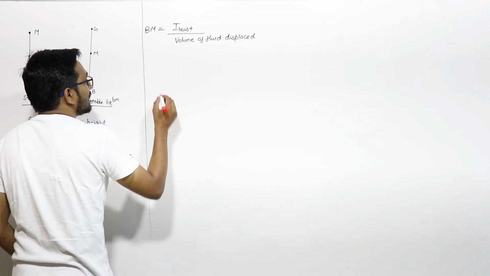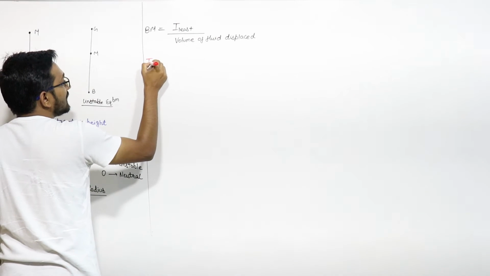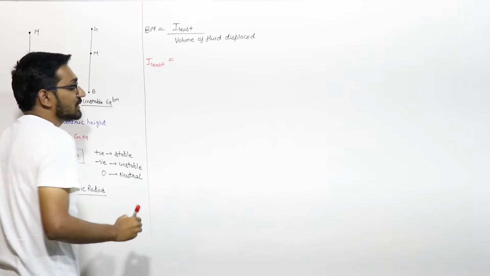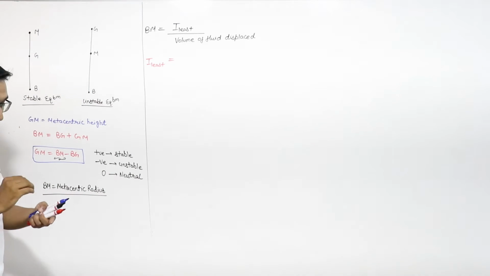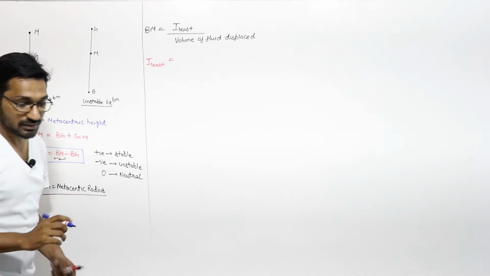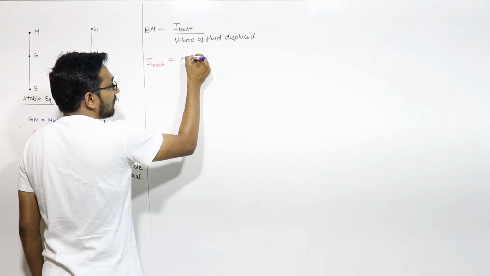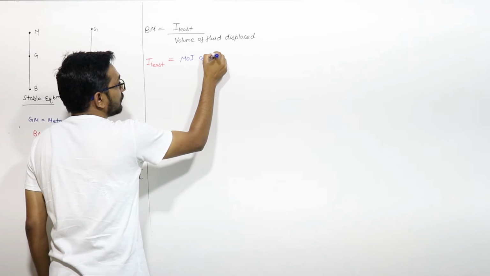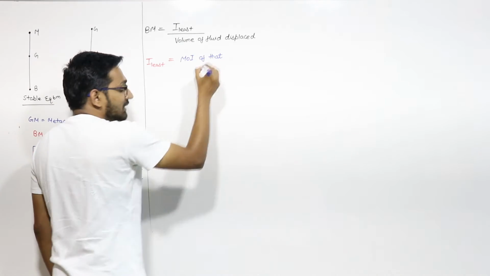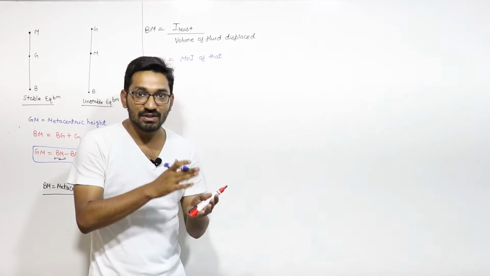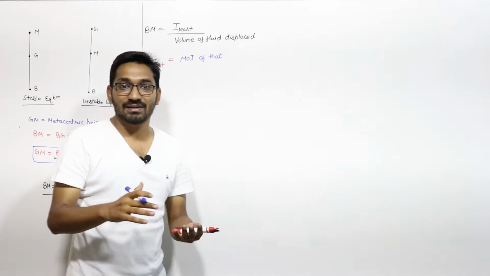And let us see what this least moment of inertia is. I is the least moment of inertia, or we can say this is the moment of inertia of that surface of the body which is intersected by the free surface.